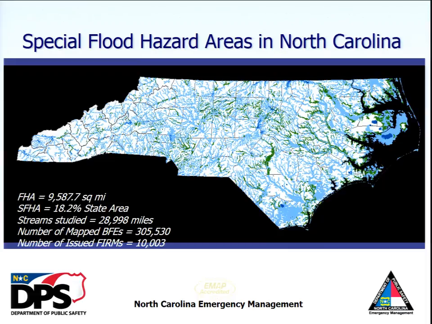Because there is a point where there's so much water coming through it starts backing up. And that's what the problem is. The special flood hazard area is a statistical probability based on, over the course of time, this amount of water has and can move through this stream. Potentially, there's a 1% chance it'll move through every year.